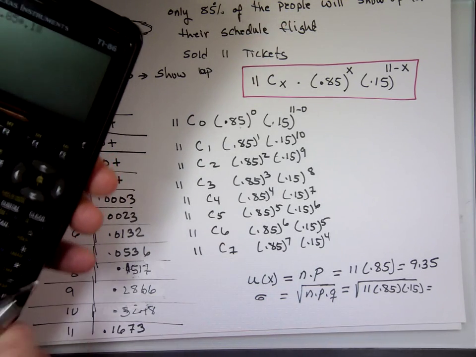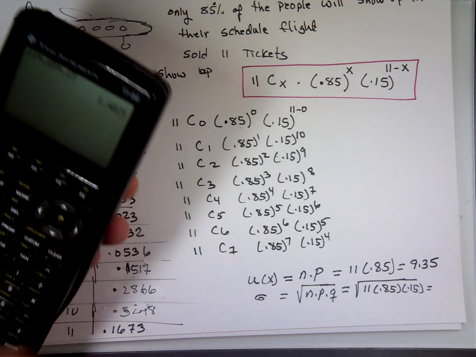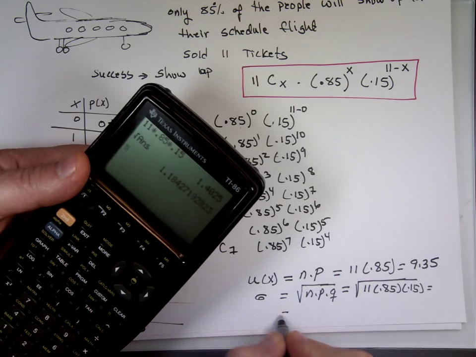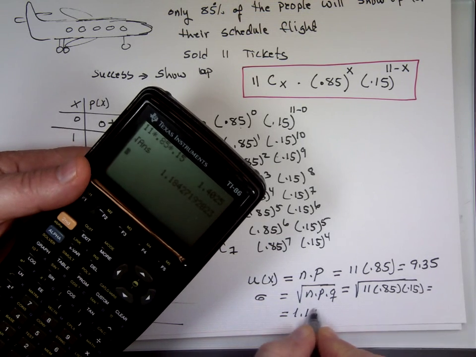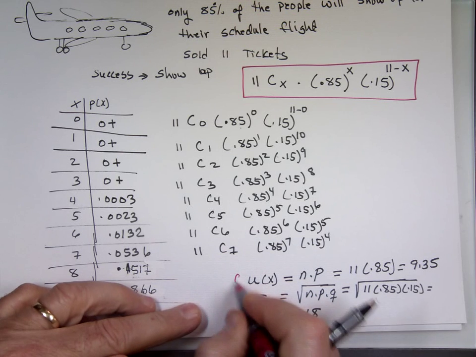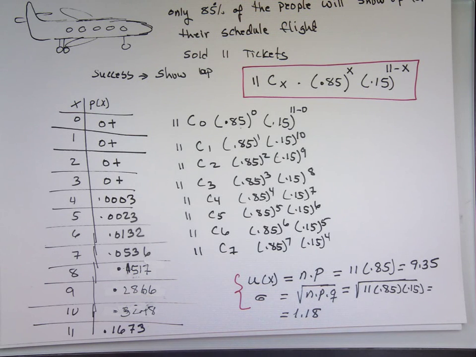The standard deviation is 1.18 for that problem. So if you know the event is binomial, you can find the mean and the standard deviation quickly by applying these two equations. We'll stop here. So that's binomial.